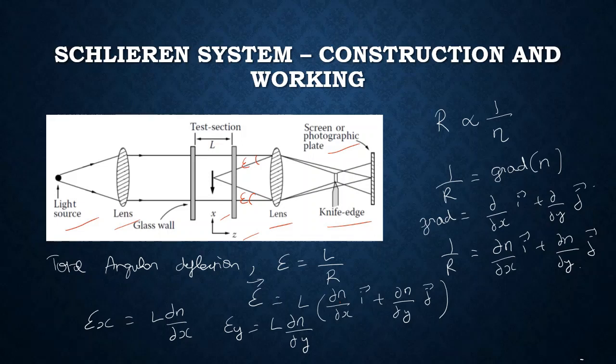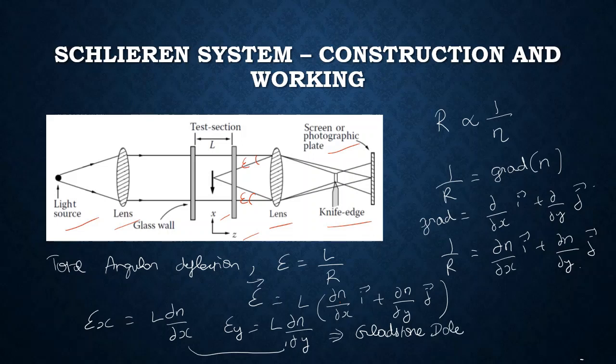With the help of the same total deflection, we can find the value of density variation. So we have to relate these two functions with the Gladstone-Dale formula.